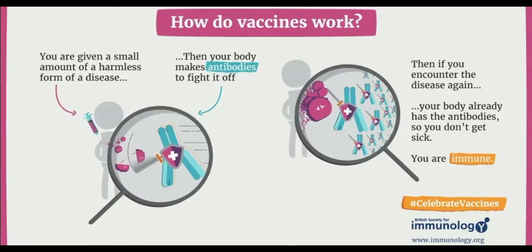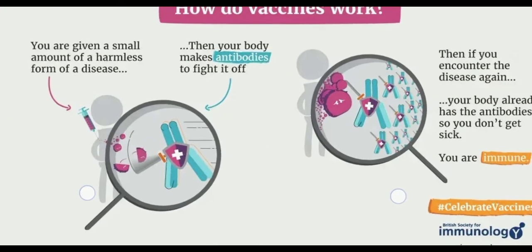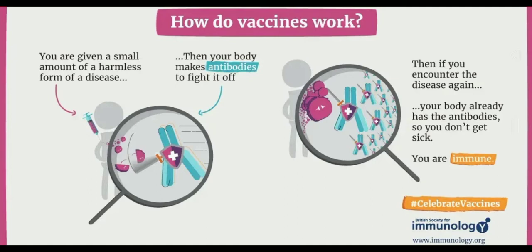Now let's move on. Now we need to understand how vaccines work. Very important concept here, guys. First of all, the pathogen, which may be a virus or bacteria, is taken.